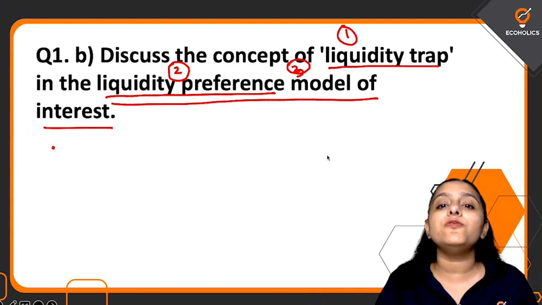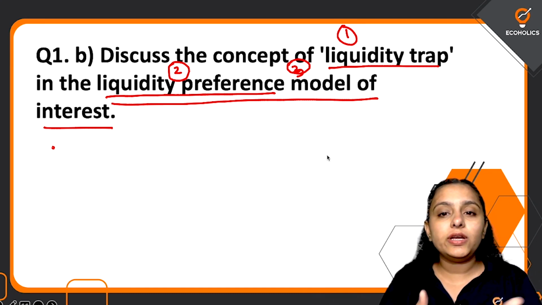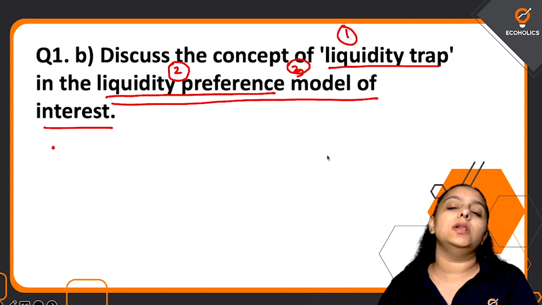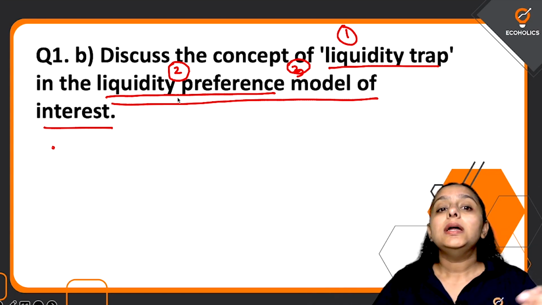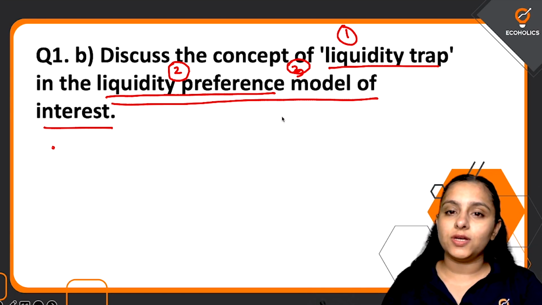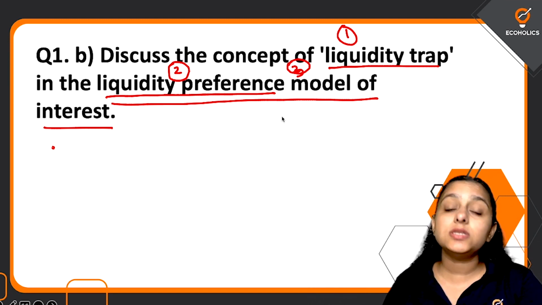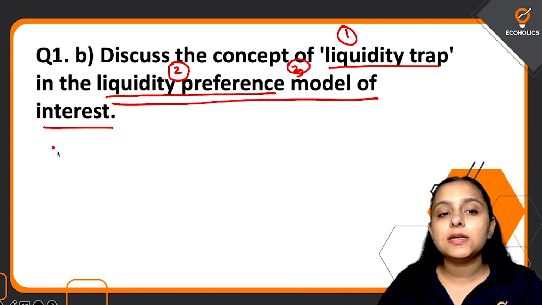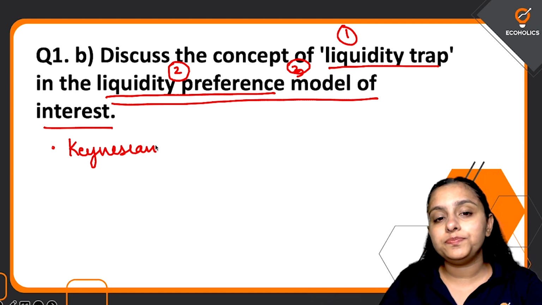You will confirm in your mind whether it is the same as the Keynesian model. Yes, you're not wrong. The liquidity preference model of interest is just another name for the Keynesian model. The wording is written here, of course, to confuse the candidates. So here we have to talk about the Keynesian model only.